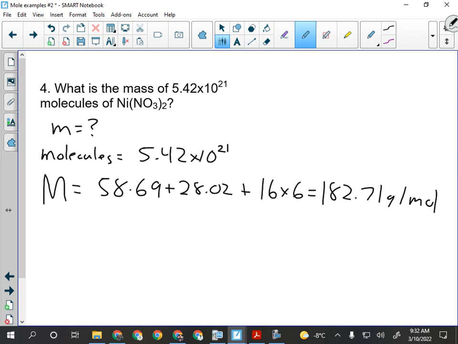If I'm going to get little m, I need n. How do I get n with the number of molecules and this number? What do I do with those two numbers to get n?